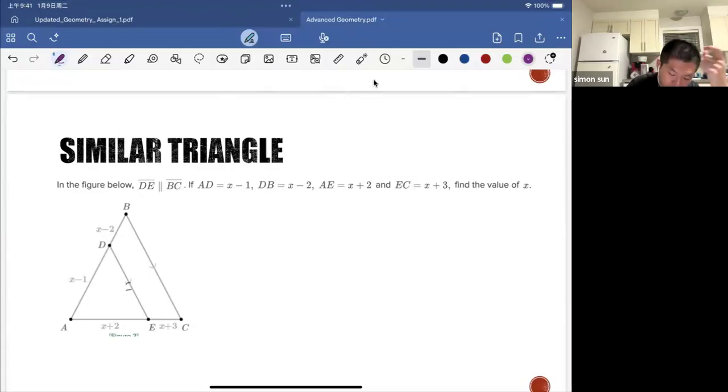We have DE parallel to BC. AD is equal to x over 1.